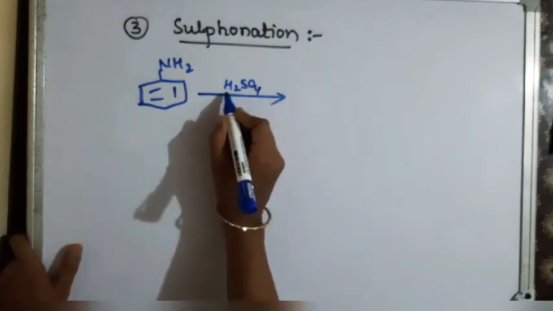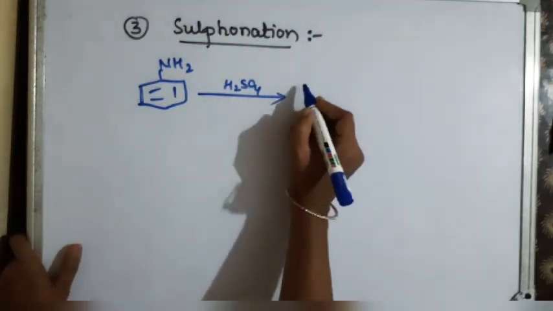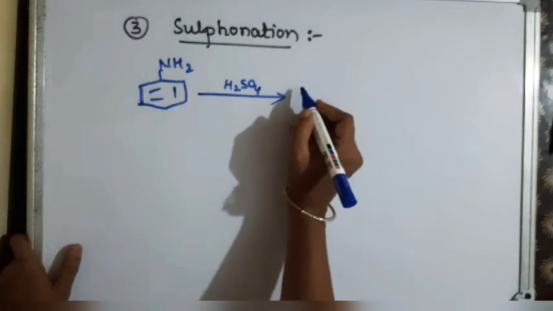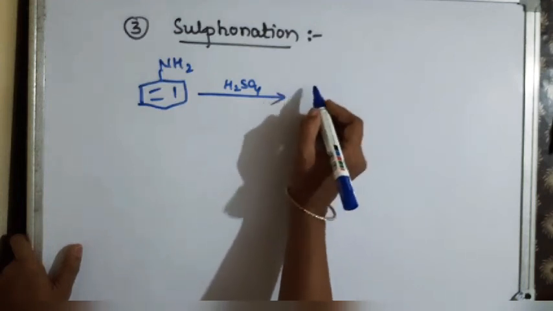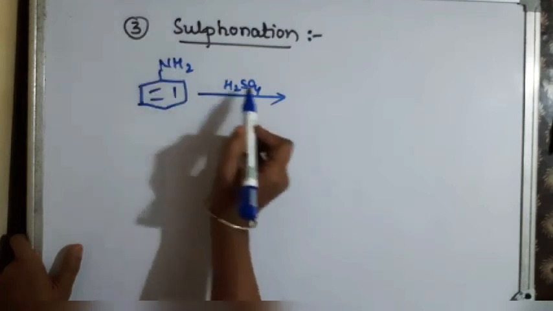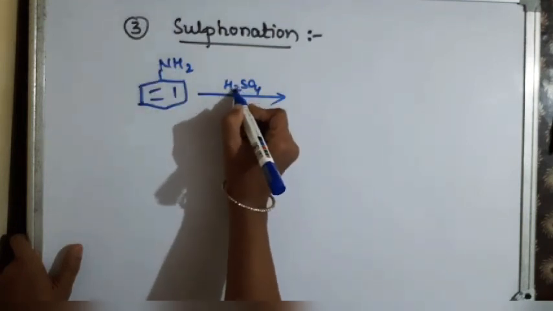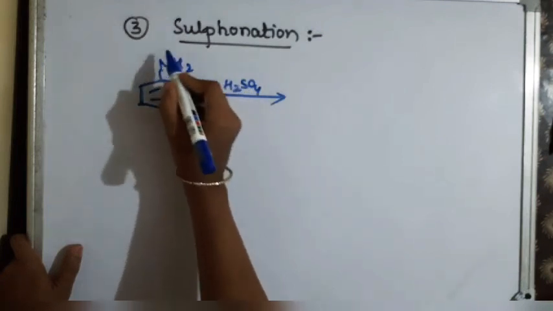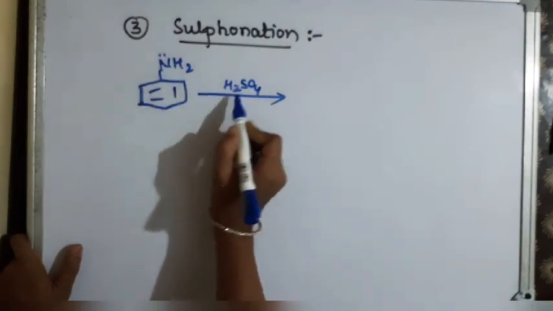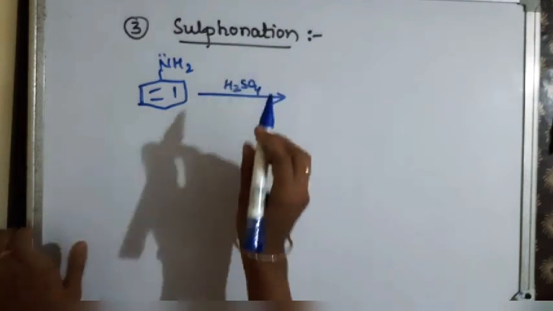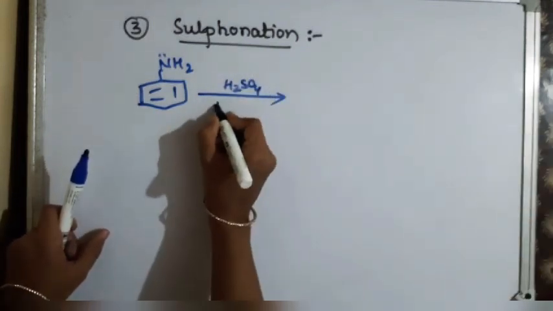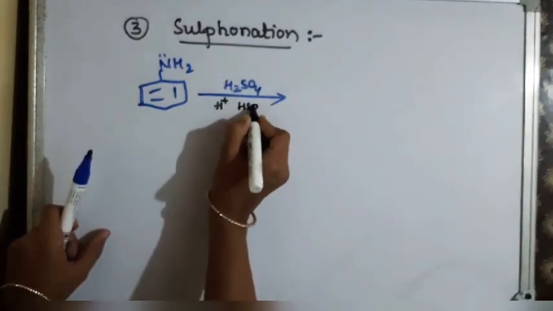When it is treated with H2SO4, first there is a formation of a salt, that is anilinium hydrogen sulfate. As it is a strong acid and the NH2 group is basic in nature, there is a lone pair of electrons. You can divide H2SO4 as H+ and HSO4-.